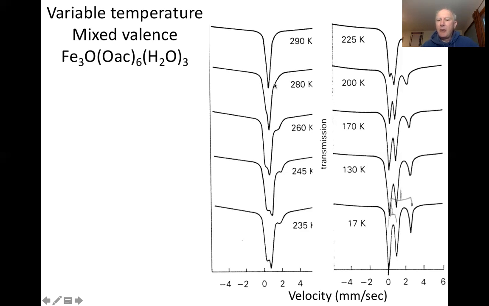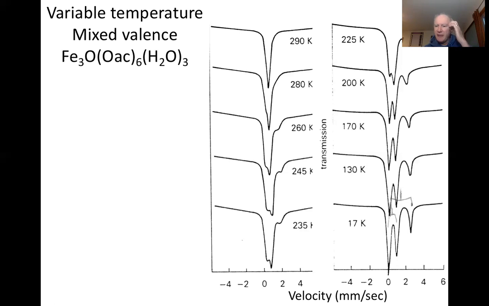You cool this down, you start to see kind of a splitting of the pattern. You start to resolve not just one peak, but multiple peaks. And by the time you get all the way down to 17 Kelvin, you see now 3 different distinct peaks.